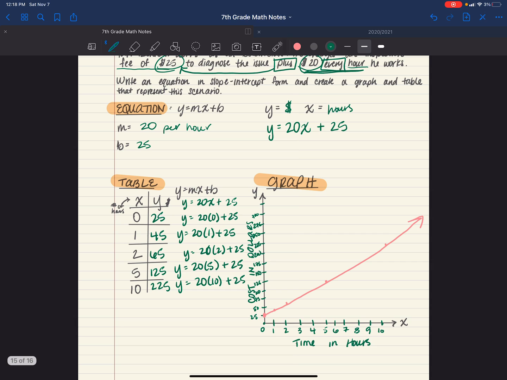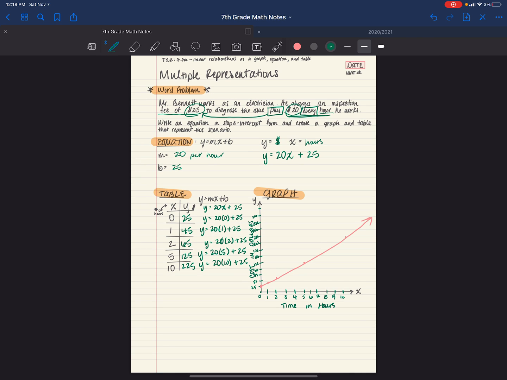We put it into an equation, y equals 20x plus 25, our slope m being 20, so we would rise 20 per 1. And b, where we begin, is at $25, because just for ordering the electrician, it's automatically going to cost you $25. We went from a table to a graph, and that's it.